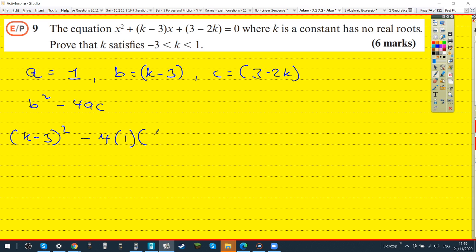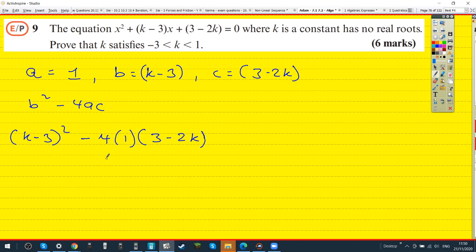So could you multiply 1 by 3 minus 2k, which gives you 3 minus 2k.